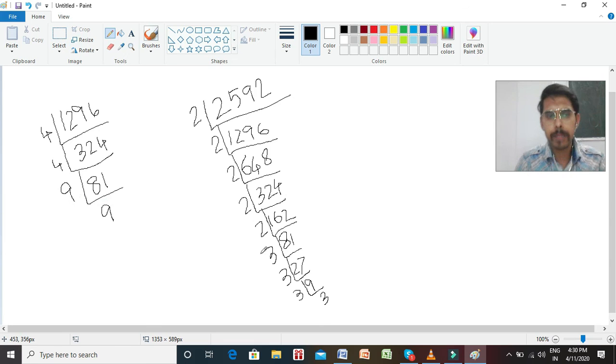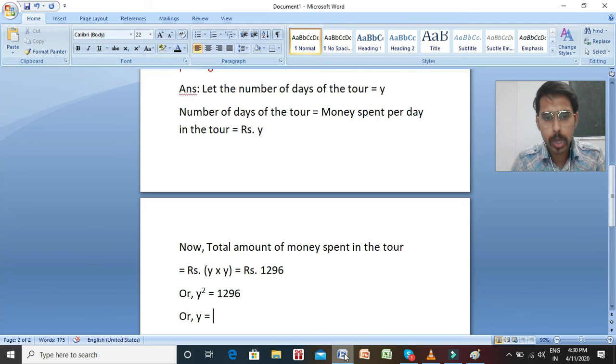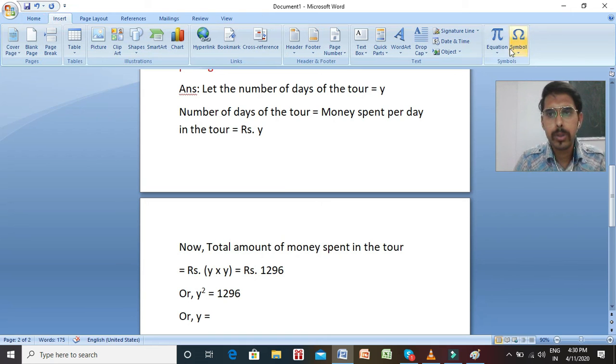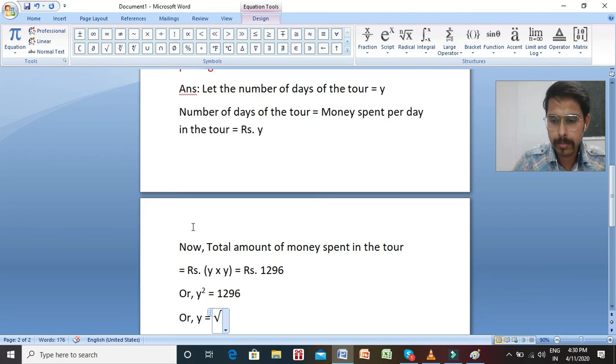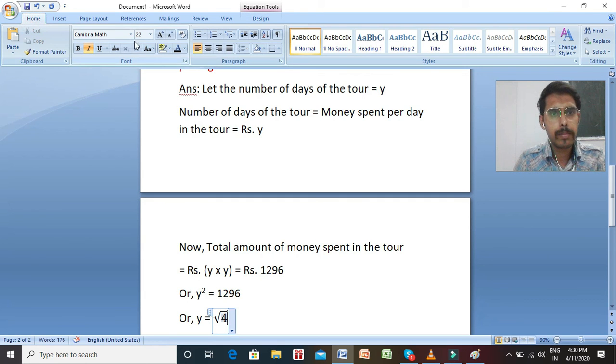So it is nothing but 4 square into 9 square, right? So y will be equal to the square root of 4 square into 9 square, or we can write simply 4 into 9.